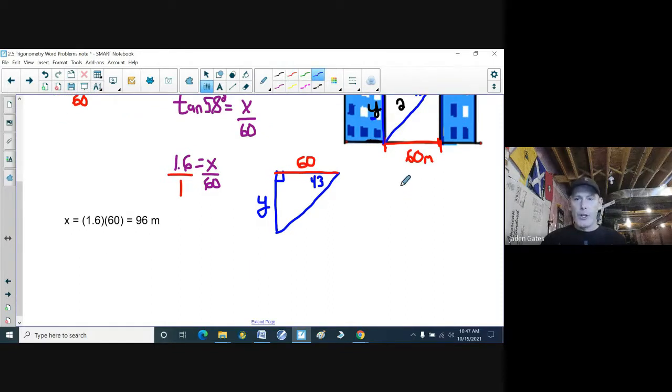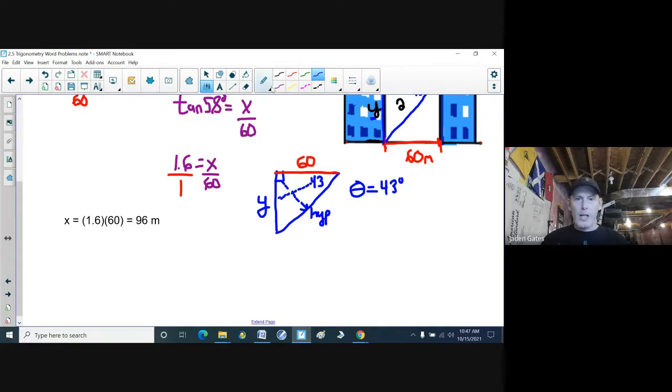And so what I'm going to do, like I did before, is write down what I know. I know my angle here is 43 degrees. The side across from the right angle is my hypotenuse. I don't have it. I have this side across from my angle that I'm looking from.